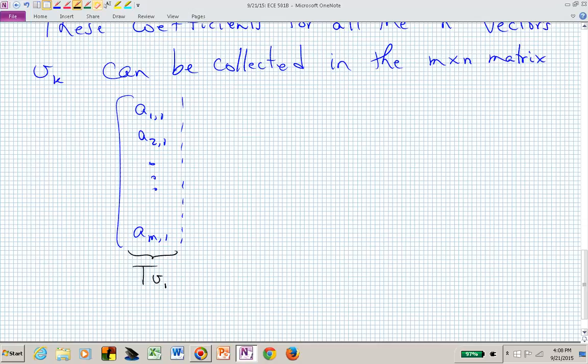That's that vector. TV sub 2 is now a sub 1 comma 2, a sub 2 comma 2, down to a sub m comma 2. That just keeps going, and we have our kth column that we identified before.